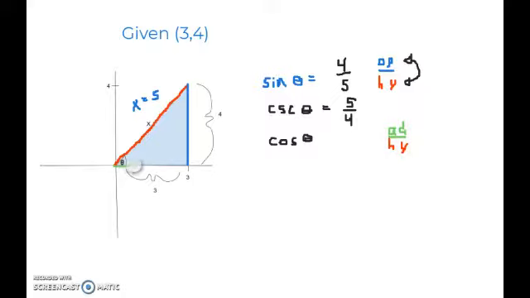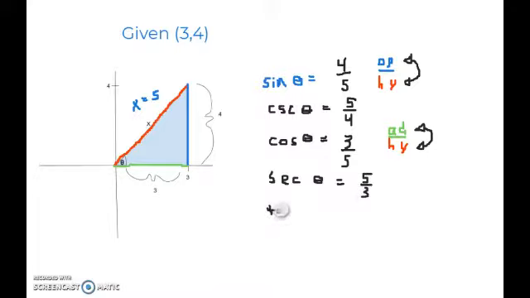Adjacent being 3, and then hypotenuse being the 5, which we already determined. So that would mean cosine of theta equals 3 over 5. And then moving on to the reciprocal of that, that would be secant of theta, which equals the hypotenuse over adjacent. So you just switch the adjacent and hypotenuse's places. And that would be 5 over 3.